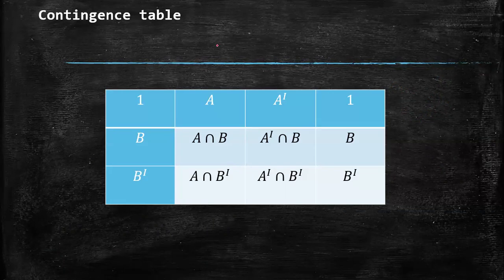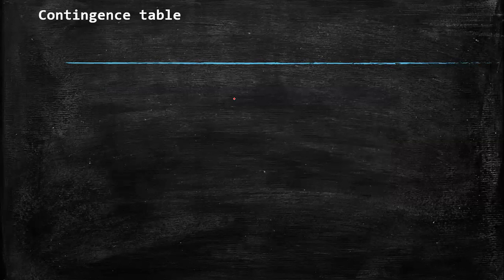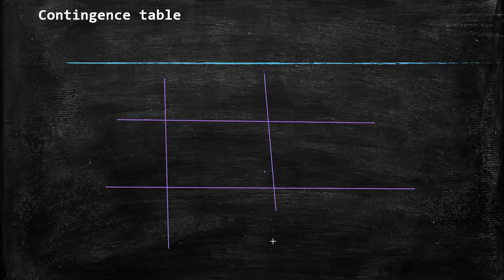Okay, then we are going to summarize our probability rules with what we call a contingency table. When we are writing it, we draw a table. We draw our horizontal line and the vertical line as well.